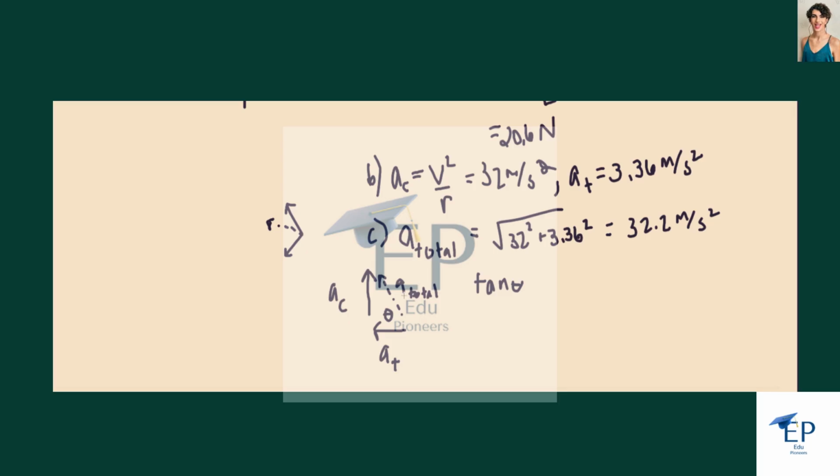I already used the symbol theta, so I'm going to call this phi. Tan phi is going to be equal to AC over AT, and then phi is just the arctan of 32 over 3.36. And so that gives me 84 degrees.